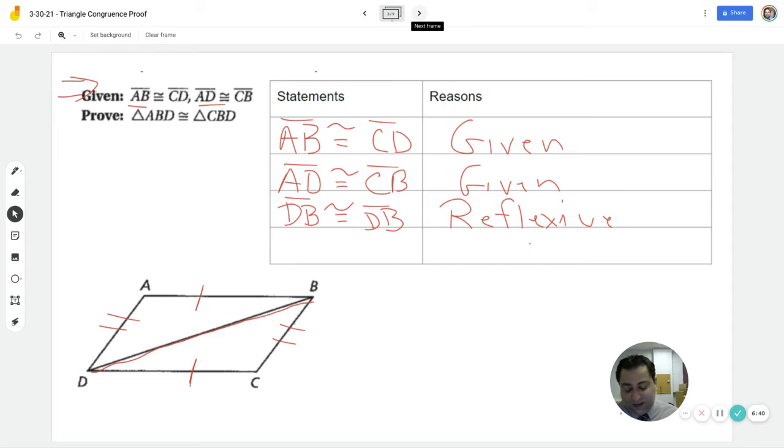Again, I have side, side, side, but this time I'm given the proof statement. So all I have to do is copy down triangle ABD is congruent to triangle CBD, and it's by side, side, side. So all you have to do is copy down the proof statement, and you get the last piece. Let's try the next one.